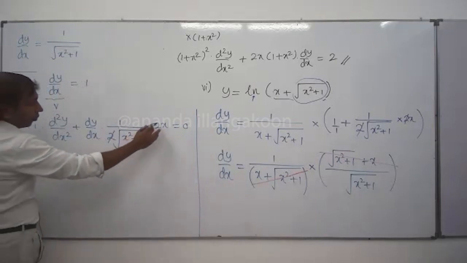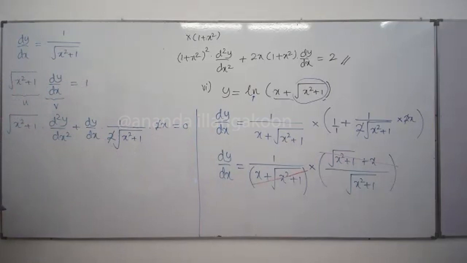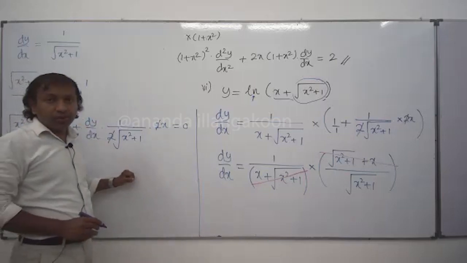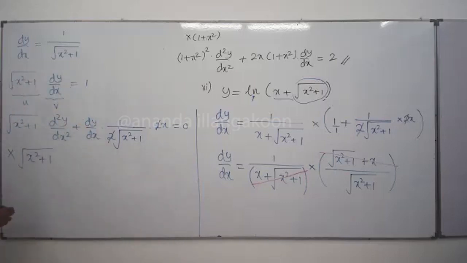Now this 2 and this 2 you can cancel down. Now we multiply both sides by the square root of x squared plus 1. When you multiply this term by the square root of x squared plus 1, the root will be eliminated and give x squared plus 1 times d2y over dx2.